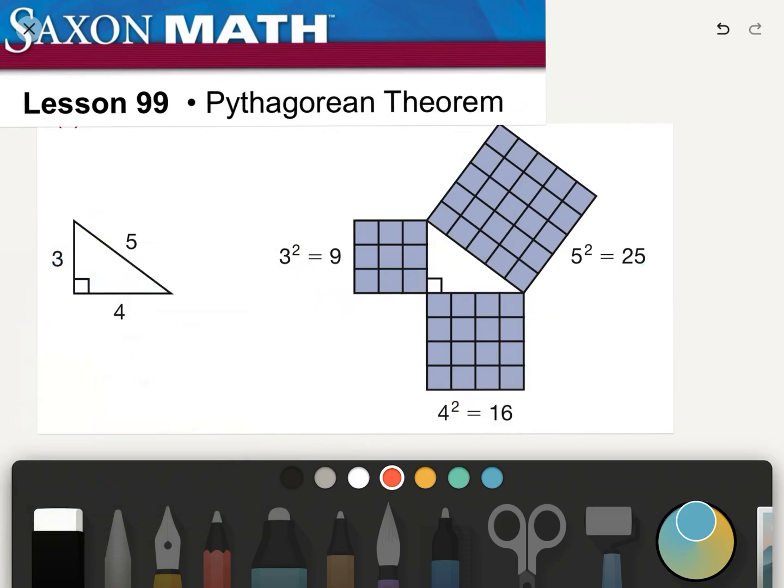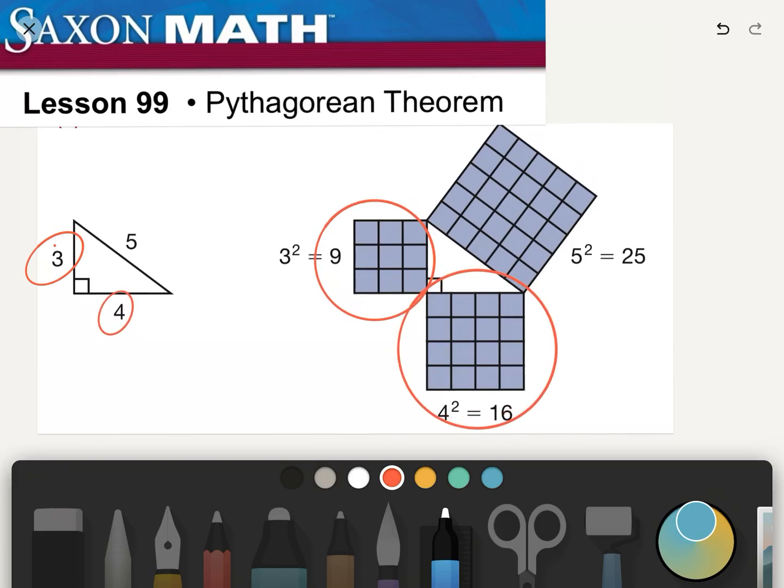So in this case, if this side is 3, then the square we get is going to be 9 square units, and 4 would end up being 16 square units. And yes, that will add up to our 25 over here. So essentially, if you do not have the length of one of the sides, but have the length of the other two, you can figure out the missing information.